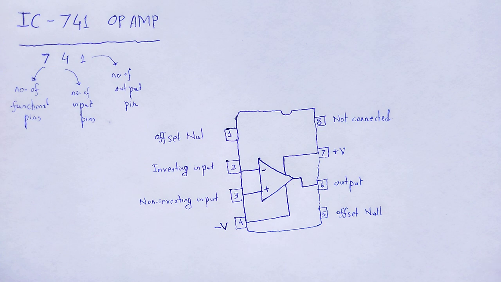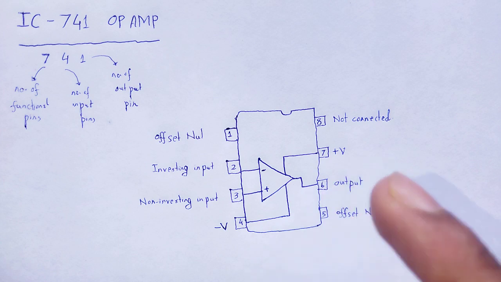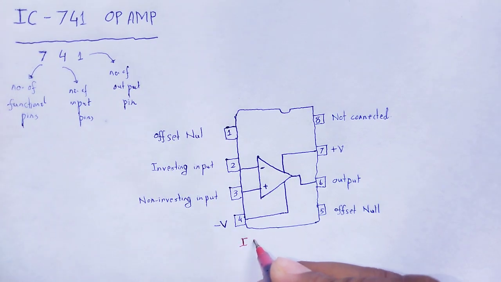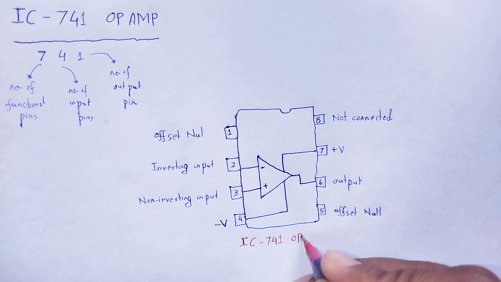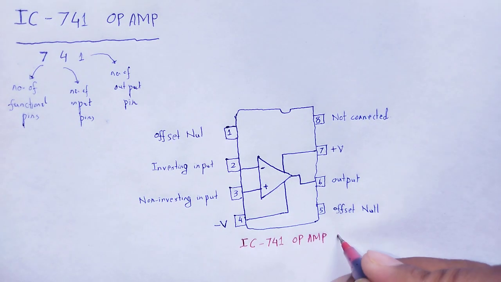Trim potentiometer means it abolishes the unwanted voltage from the input section. Okay, this is all about the IC-741 op amp pin diagram.